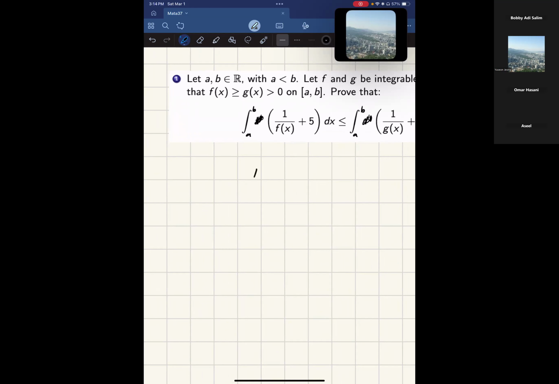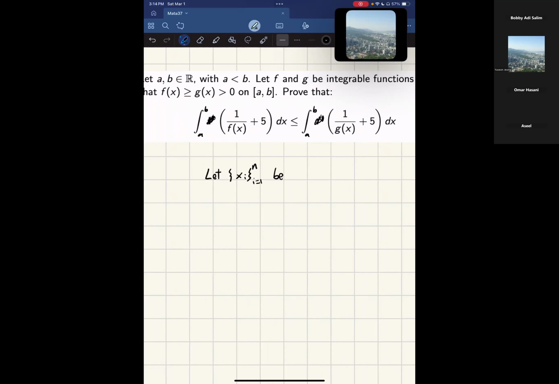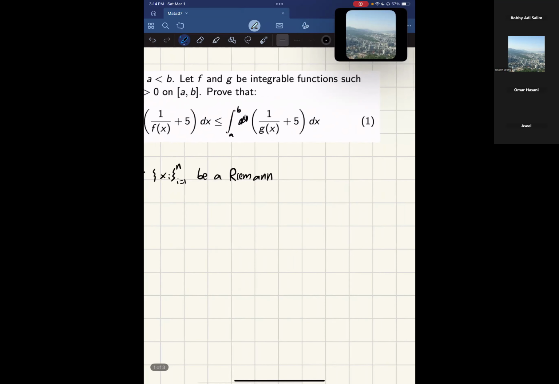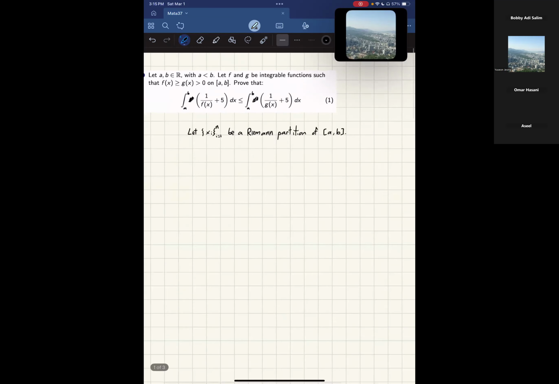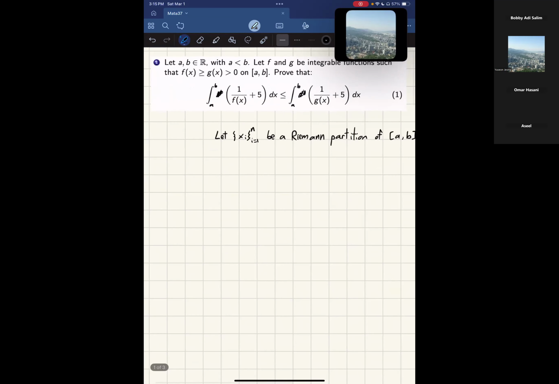We're going to let the set of x_i's from i equals 1 to n be a Riemann partition of our closed interval [a, b]. Okay, and what we want to show is exactly that thing there. So this is our want to show.